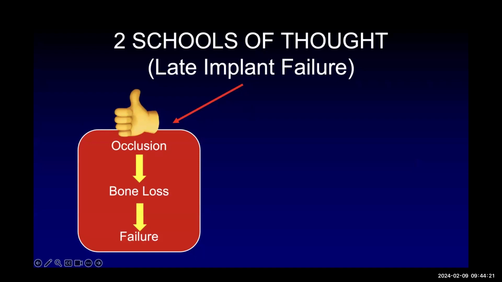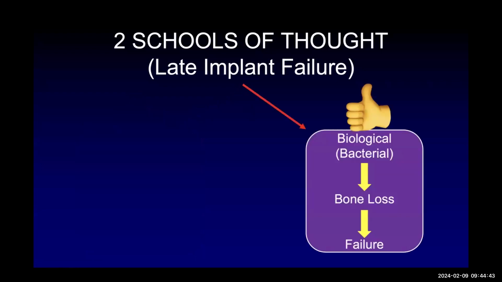Let me define early and late failure. Early failure is prior to prosthetic rehabilitation. Late means the prosthesis is on, and it doesn't matter how long the prosthesis is on, that led to occlusal related bone loss and failure of the implant and the prosthesis.